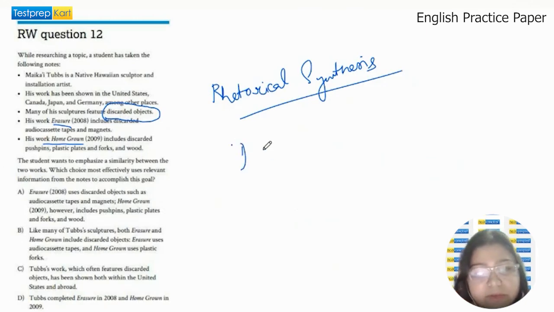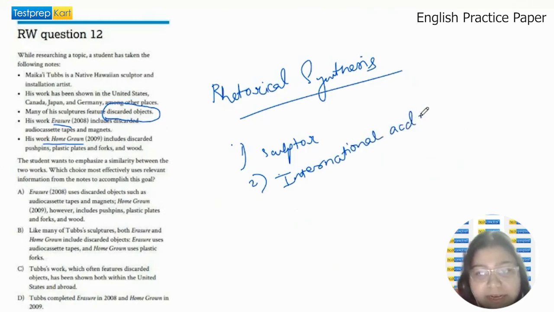So let's summarize the passage. The first thing we know is this passage is about a sculptor. Number 2, we know that his work has been featured internationally, so he has international acclaim.